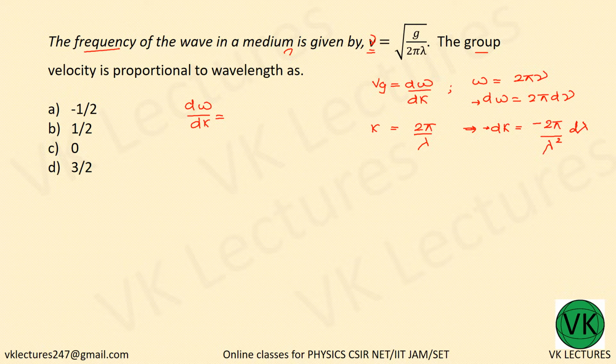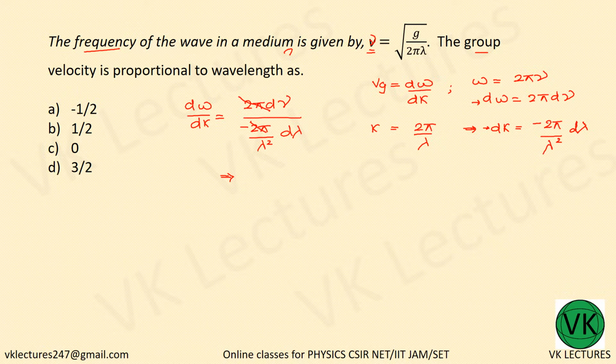So d omega by dk is equal to 2 pi d nu divided by minus 2 pi by lambda squared into d lambda. This lambda you can put in the numerator, and these 2 pi and 2 pi get cancelled.